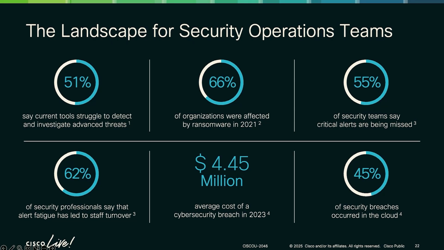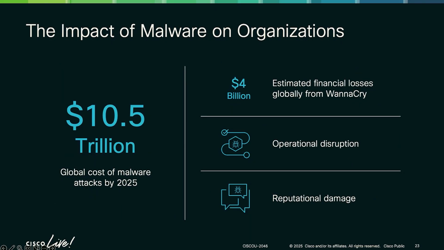So this is an increasingly growing problem, and if we take a look at the global cost of malware attacks by this year, we're looking at $10.5 trillion globally. So this is a huge business for the bad actors out there, and it's very important for all of us to understand these pieces of malware and be able to effectively disrupt their attempts to disrupt us.